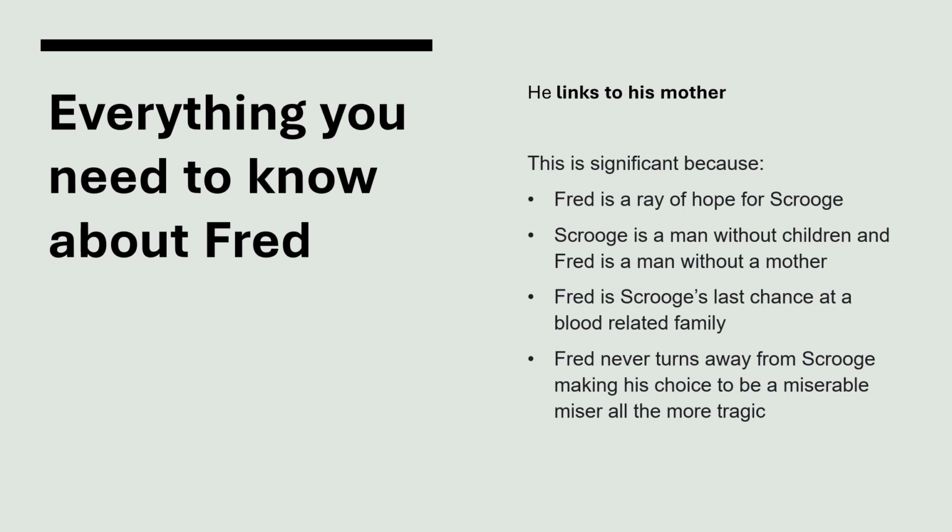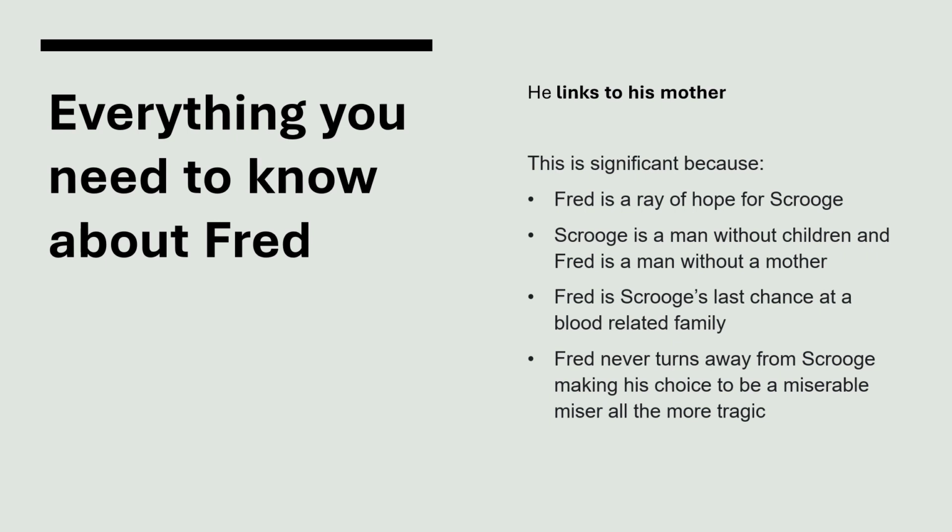And the last thing that we need to know about Fred is that he links to his mother, and that's really, really important. So Fred is a ray of hope for Scrooge. Scrooge is a man without children, and Fred is a man without a mother. So Fred is Scrooge's last chance at a blood-related family.